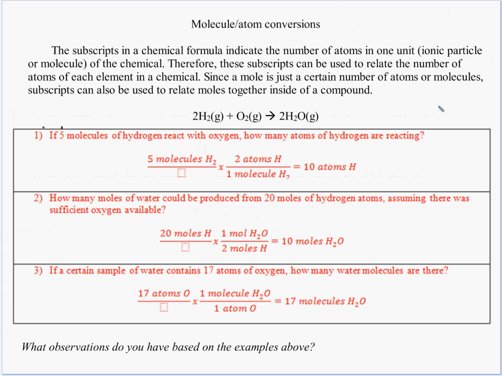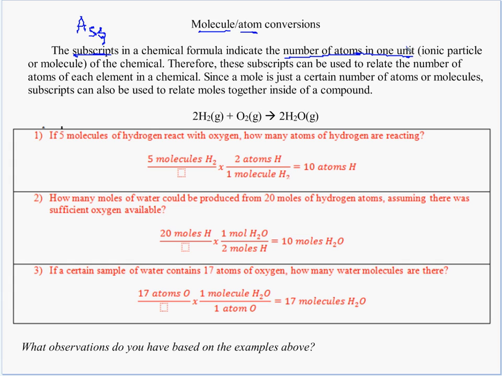Okay, so you wrote some observations. Let's move on and talk about molecule-atom conversions. So the STP was review. Now let's keep reading. The subscripts, okay, I know subscript is like the number below the letter, in a chemical formula, indicate the number of atoms in 1 unit of the chemical.